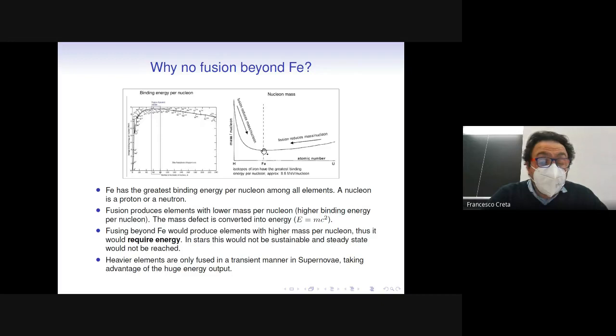Now, once you get to iron and you want to fuse even further, going from left to right here in atomic number, you would produce elements with higher mass per nucleon. That means you wouldn't have an output of energy, but you need an input of energy.